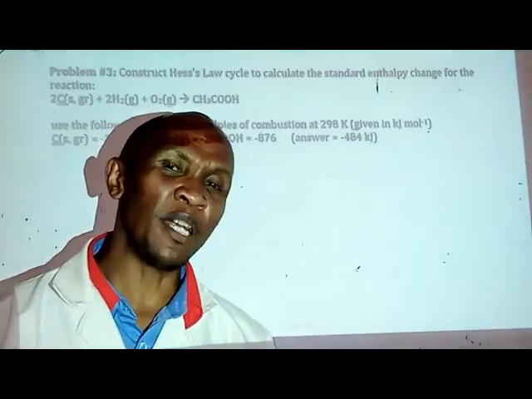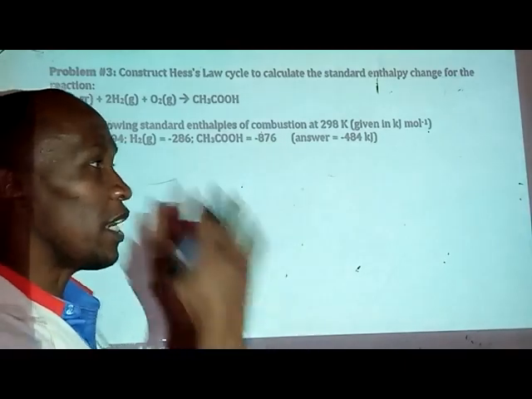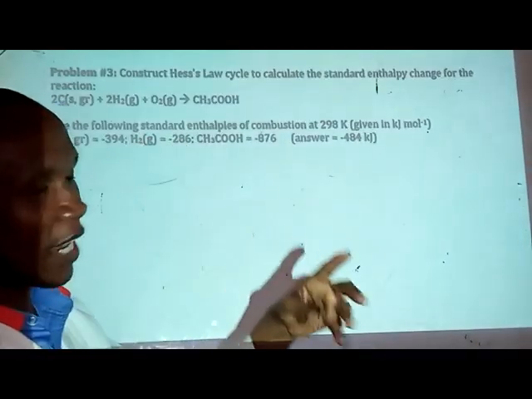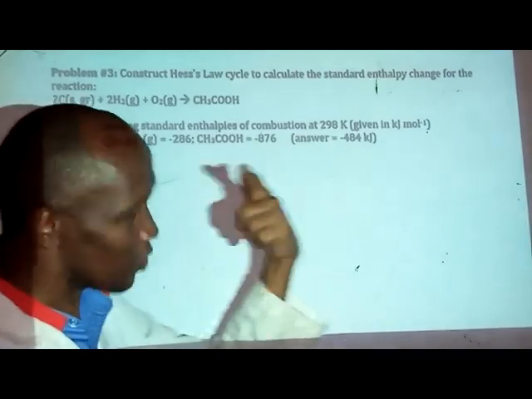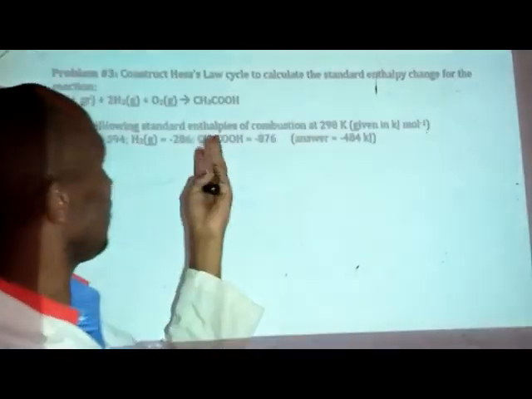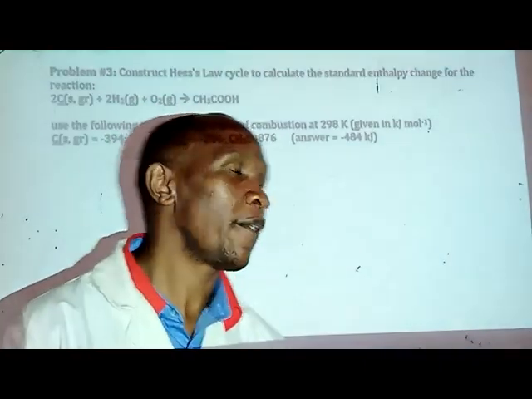They have not been written, but we can write the equations. The enthalpy of combustion of carbon, that is carbon plus oxygen to form carbon dioxide. The enthalpy of combustion of hydrogen, hydrogen plus a half oxygen to form water. So we can then choose this and come up with a cycle.